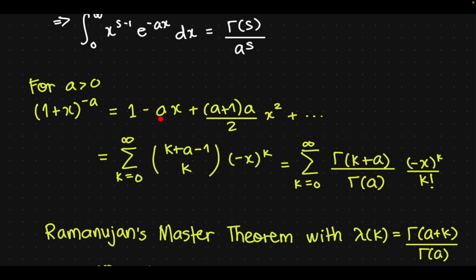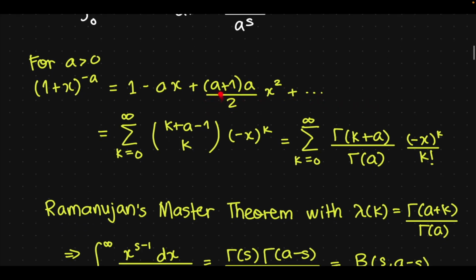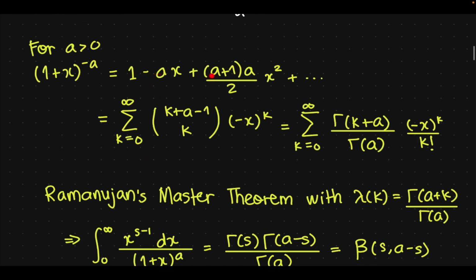So 1 minus ax plus a times a plus 1 over 2 x squared, and so on, which we can write all these terms nicely as k plus a minus 1 choose k, in the sum k goes from 0 to infinity of minus x to the k, because that's flipping the signs.